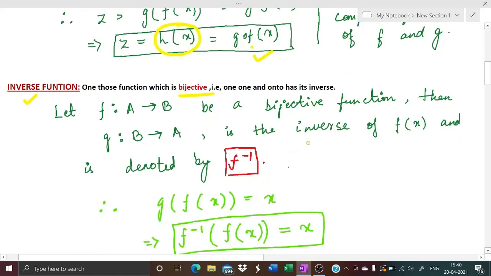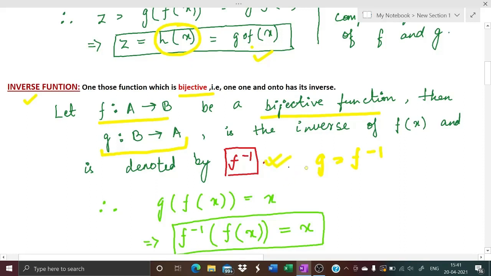Suppose f is a bijective function, then it will have an inverse which is termed here as g. So g is the inverse of f, and you can write g equals f inverse. This is the symbolic representation.